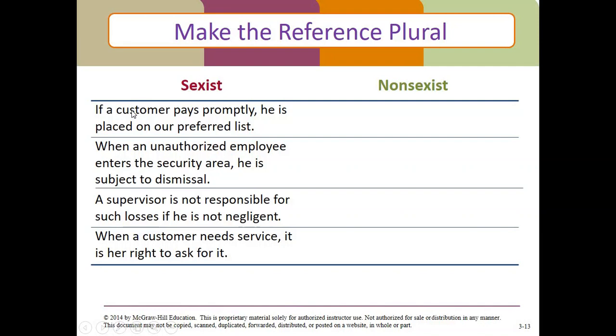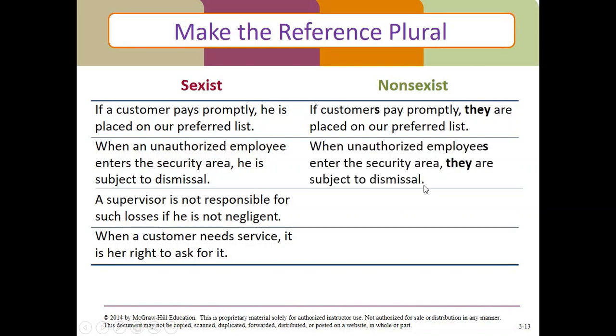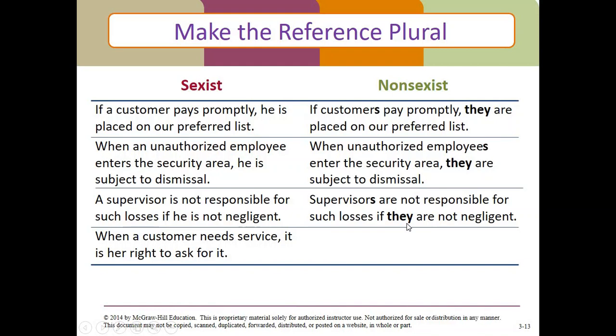So if you say about a single customer, you have to either use he or she. So in that case, it will be a sexist word. So to be non-sexist or to be gender neutral, you can use plural. If customers instead of if a customer. So when you use the plural, you can easily say they are placed on our preferred list. When you use they, it will become a gender neutral sentence. There are some other examples that contain they instead of he or she.